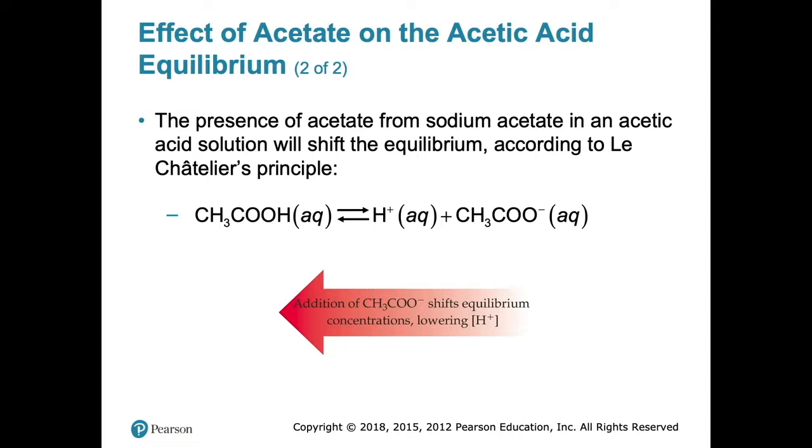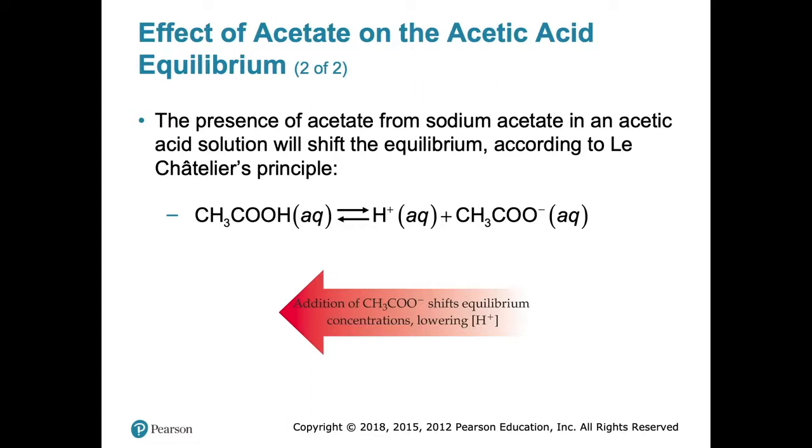The equilibrium is not there anymore, and so it's still trying to get back to equilibrium. Some of these acetate ions will come over and gobble up these protons, one proton at a time, and in doing that, there's less protons in solution, making it less acidic and making more of the acetic acid that hasn't been dissociated yet.